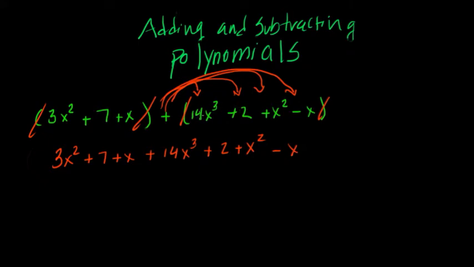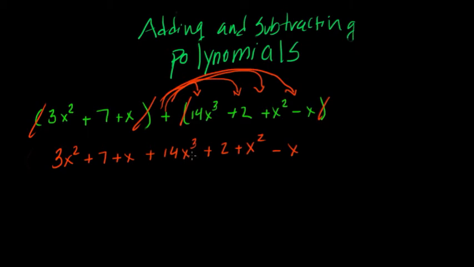Okay? Now, we can add this horizontally or we can add this vertically. Vertically is more of a simpler way to add this. Let's go ahead and just use the horizontal method, because we're advanced students, so we know how to add like terms, of course. Like terms have the same variable and the same power.